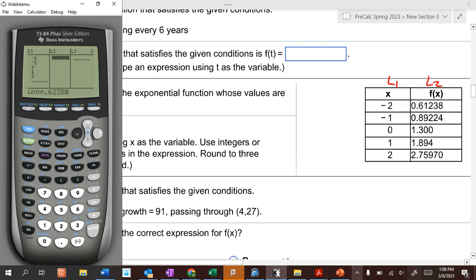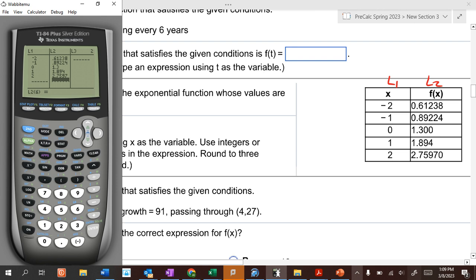0.61238, 0.89224, 1.3, 1.894, 2.75970. Okay.